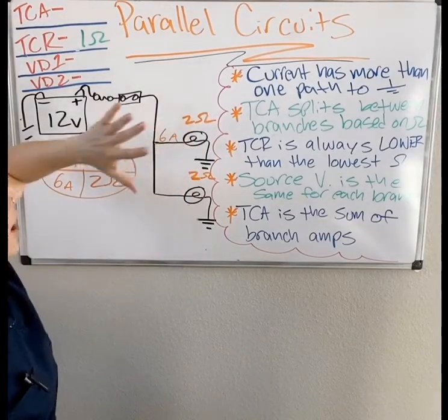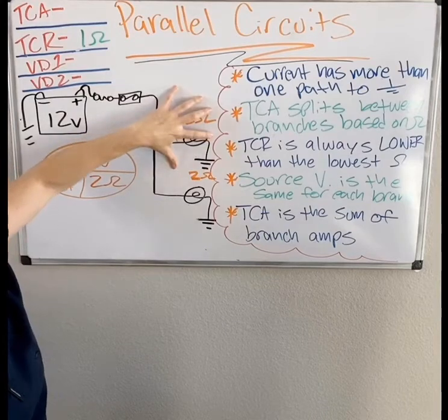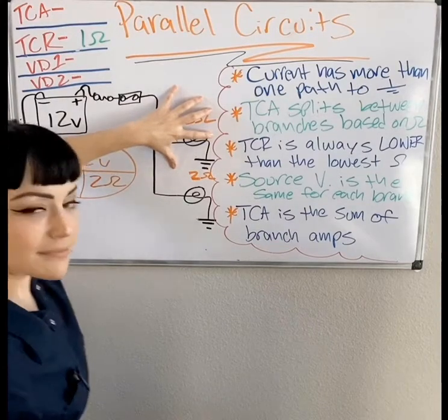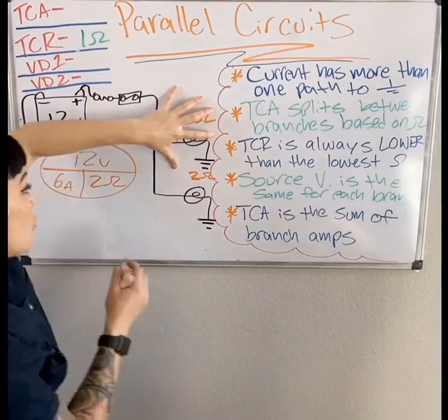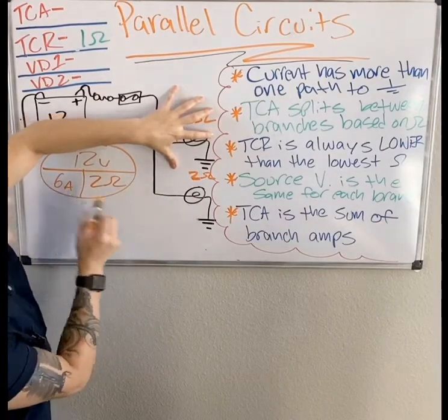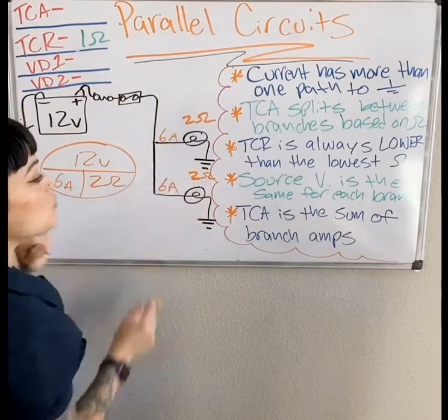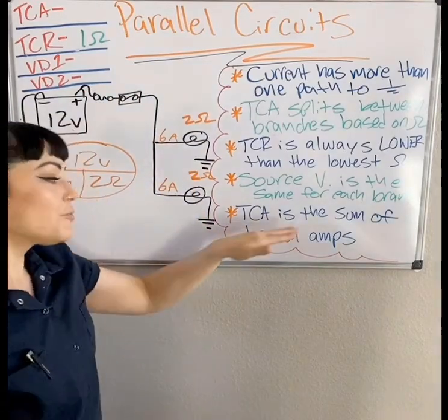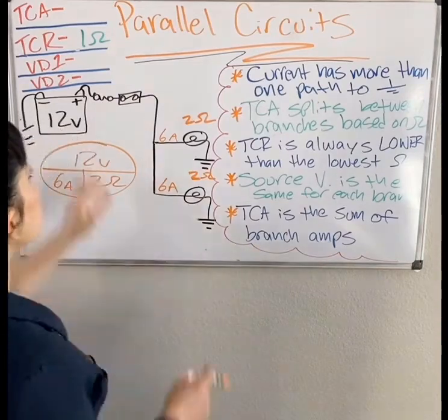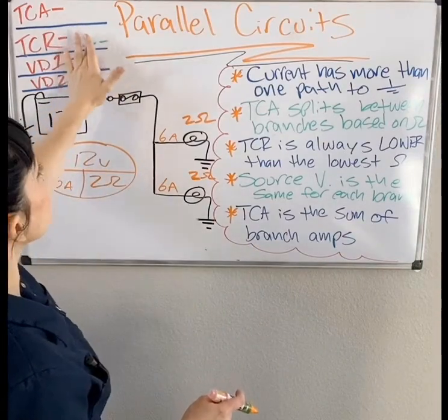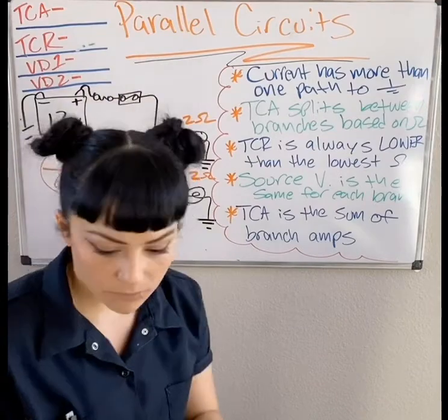Now, for the second branch, I'm going to figure out the same thing. The math is the same because the resistance is the same. So we know that 2 ohms and 12 volts gives us 6 amps in that branch as well. And this last rule down here told us TCA is the sum of branch amps.